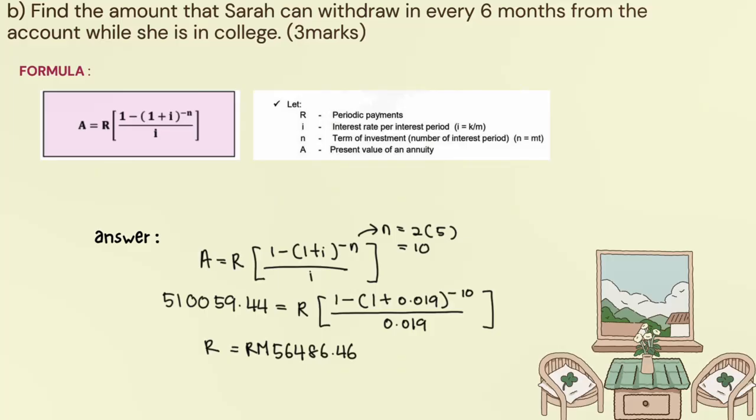Then we transfer all the values into the formula: A, which is 510,059.44, equal to R times 1 minus (1 plus 0.019)^-10, divided by 0.019, and we get R, which is 56,486 ringgit 46 cents. Alright, that's all.